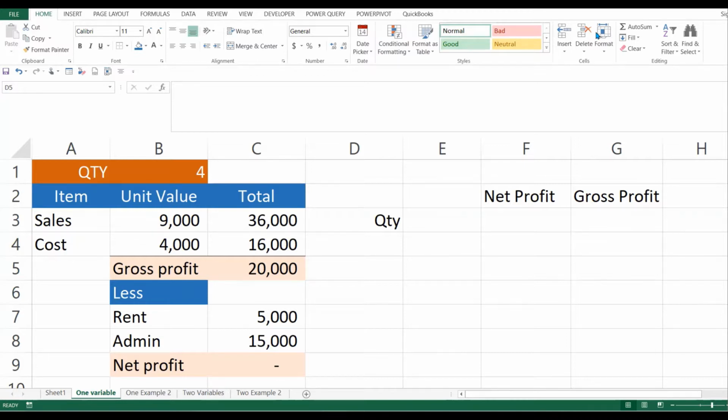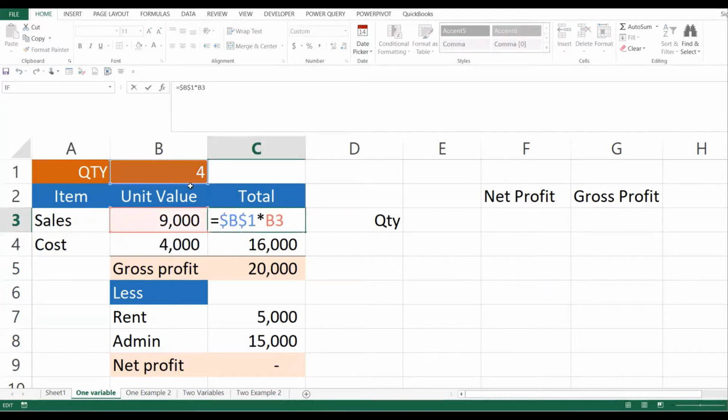So I have a data set here which shows the quantity here for sales. This is the unit price, this is the unit cost. And if I get the quantity times the unit price, I get the sales.